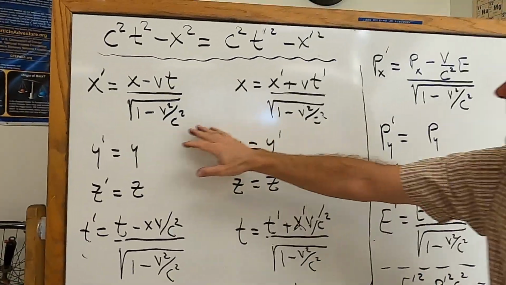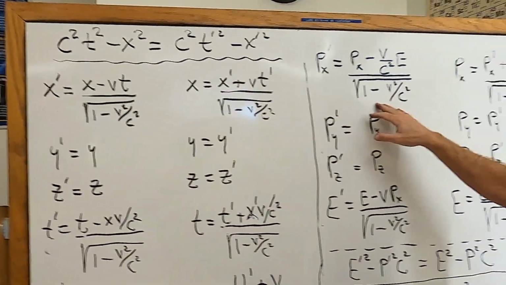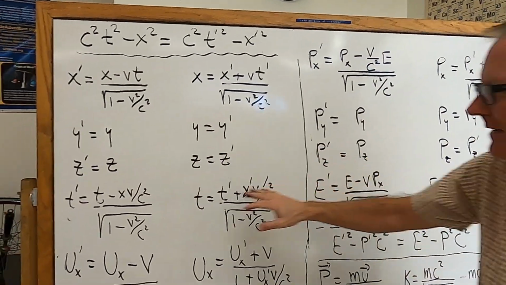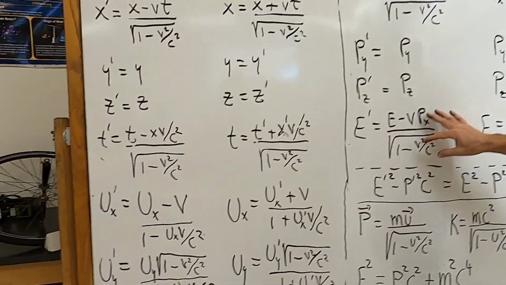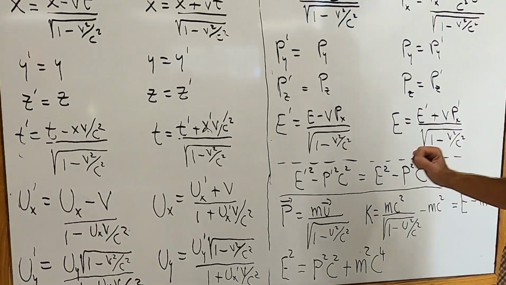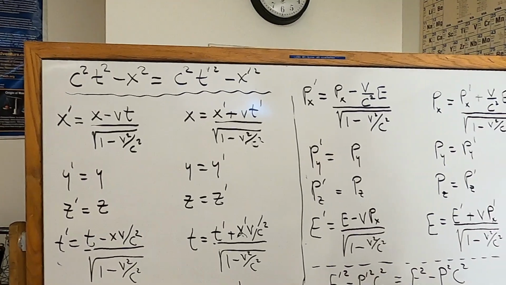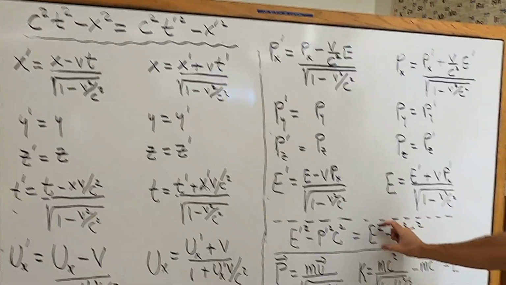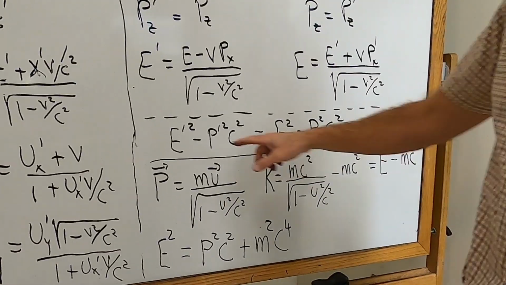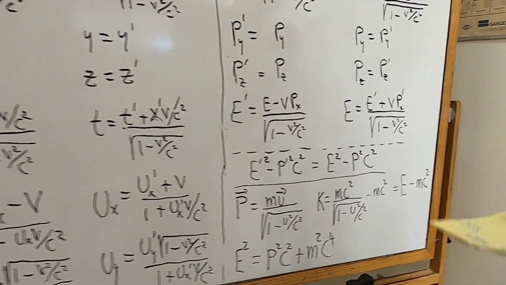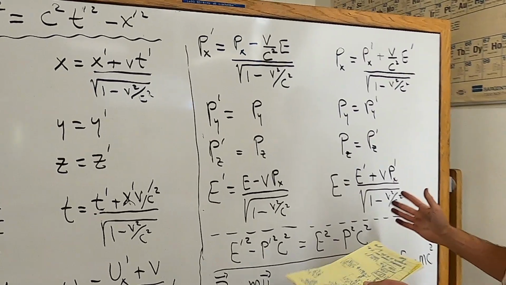The momentum and x look exactly alike. Y and momentum in y, time and energy, they look very, very similar. We said there was an invariant for x and t, and we said that same invariant holds between energy and momentum.